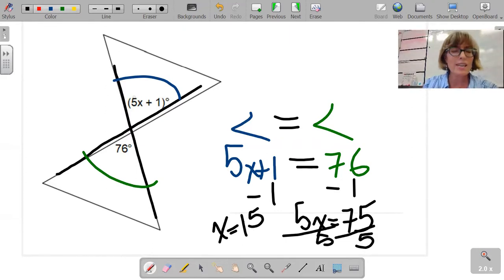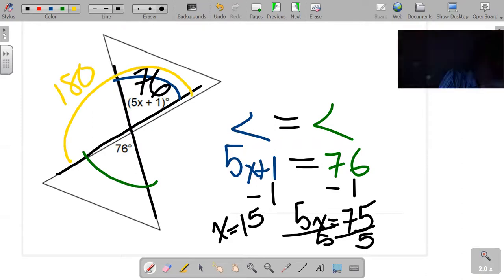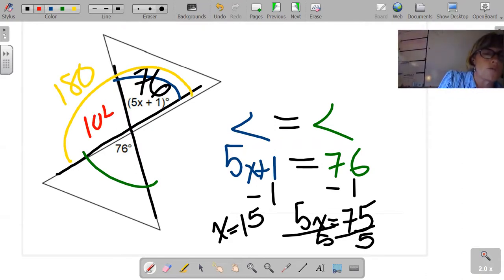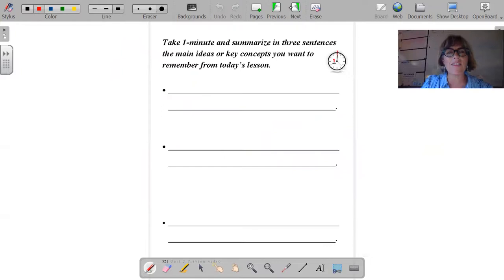Five times 15 is 75, plus 1 is 76, of course. And then I could go like this, and 180 minus 76 would give 104, and then this is also 104. What you want to do here, students, is take the time to summarize what you have learned in this lesson.